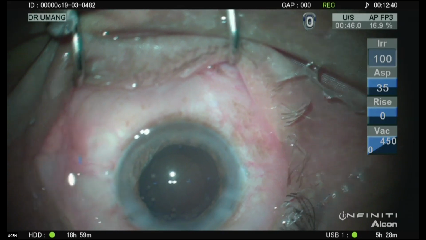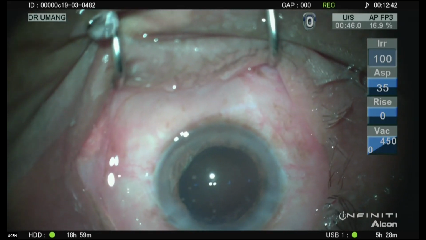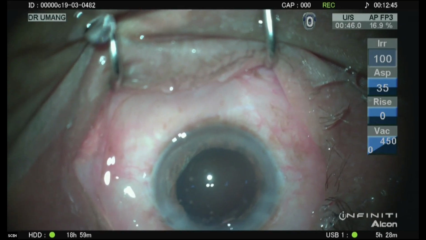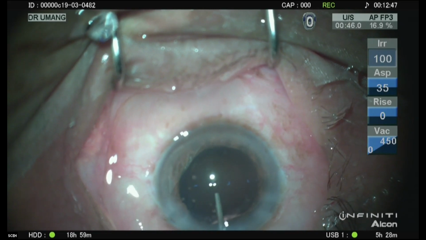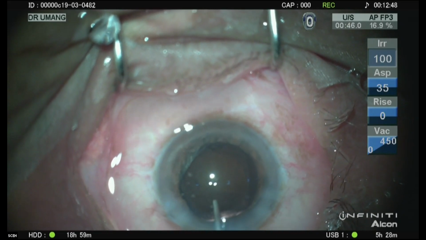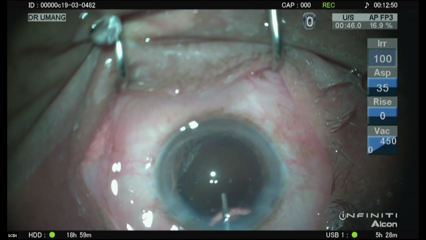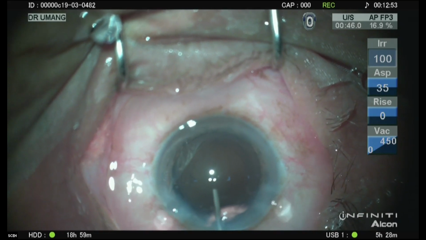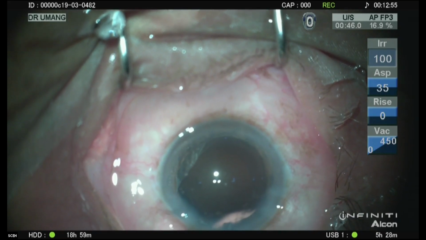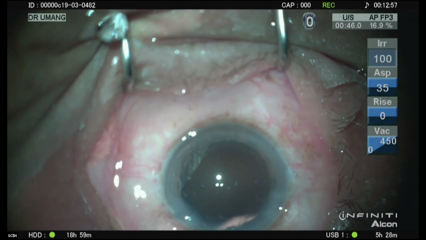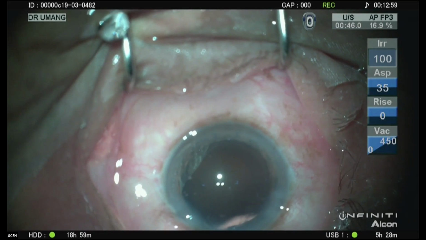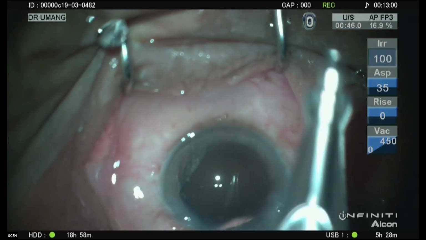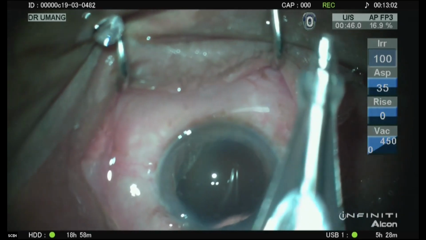So we are now ready to implant the lens. So you put some viscoelastic inside the bag. And we're using an Acrysof UltraSert, which is a preloaded device.